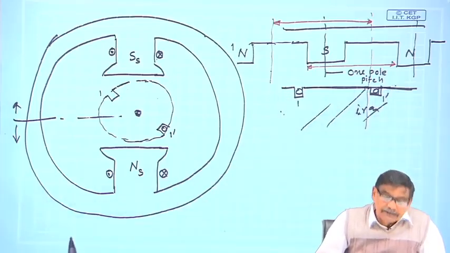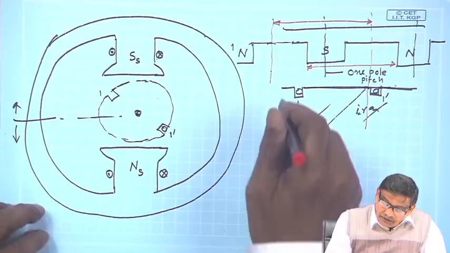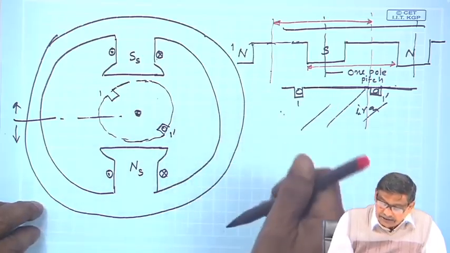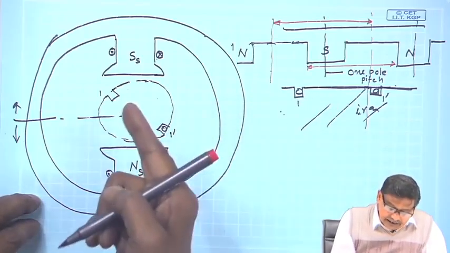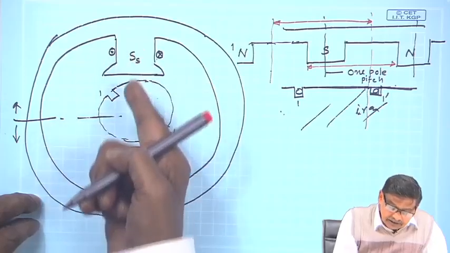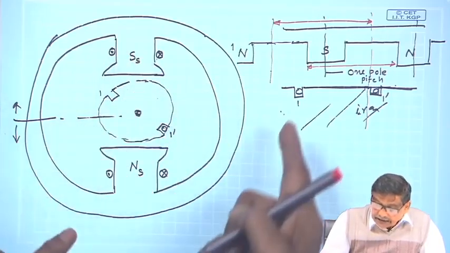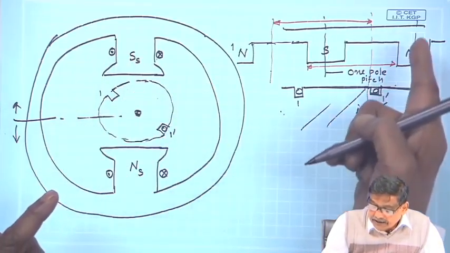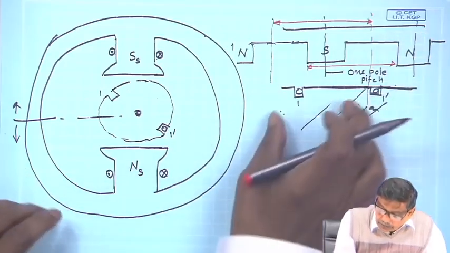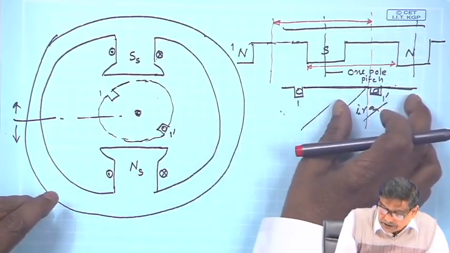Therefore, to maximize the induced voltage, it is always better to put the coil sides or conductors one pole pitch apart: if one is at any time under the center of the south pole, the other coil side should be under the center of the north pole. This is moving, I have shown it in an arbitrary position.